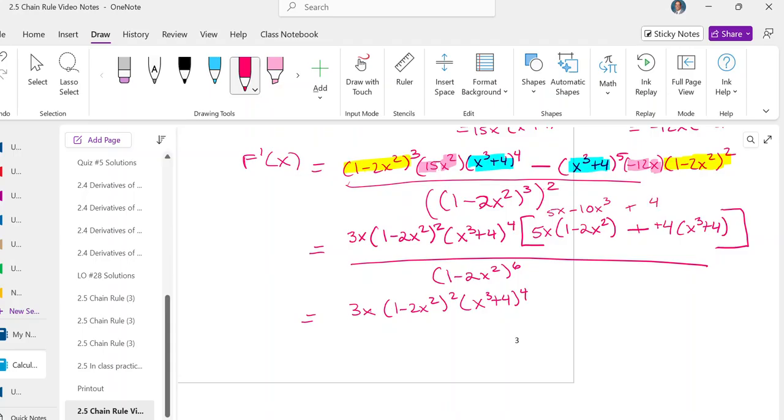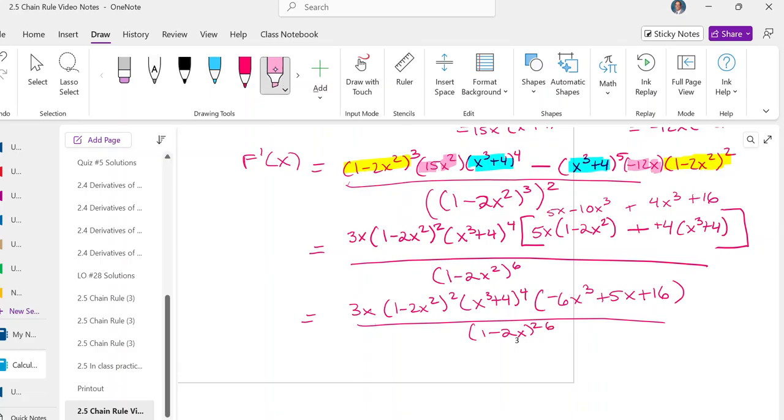So plus 4x to the third plus 16. So in the parentheses here, you have negative 6x to the third plus 5x plus 16, and that's over (1 minus 2x squared) to the sixth.